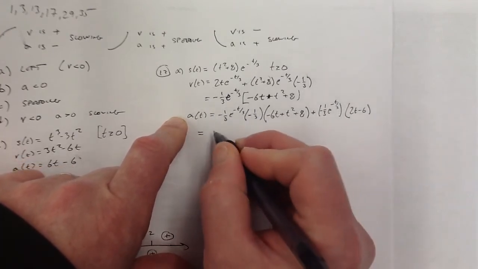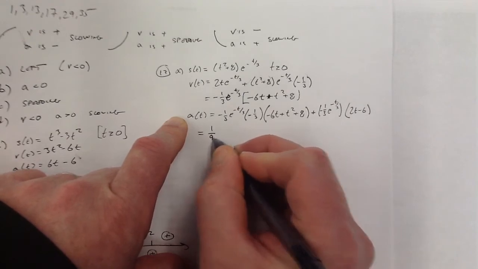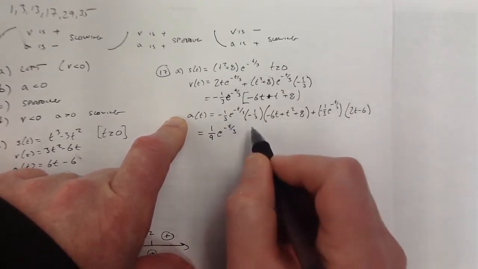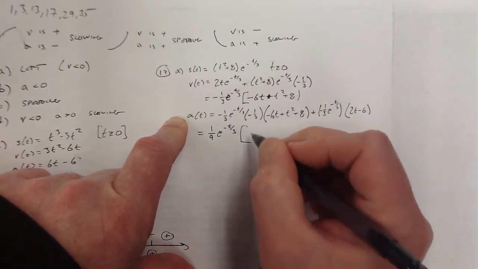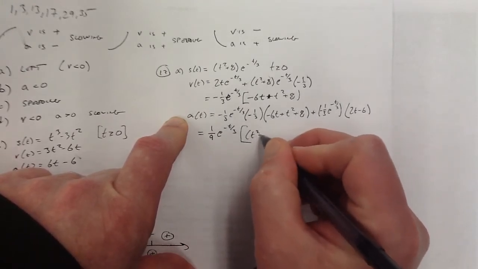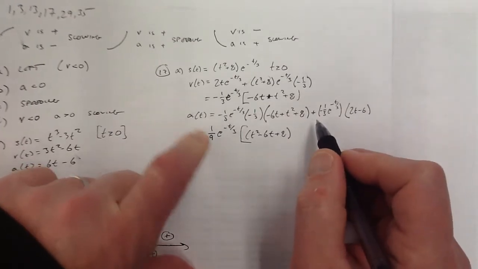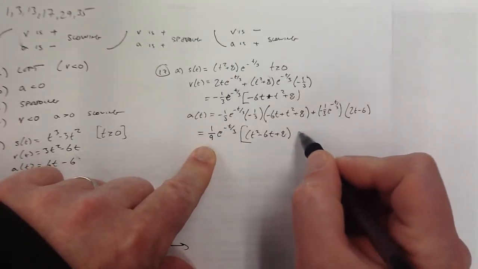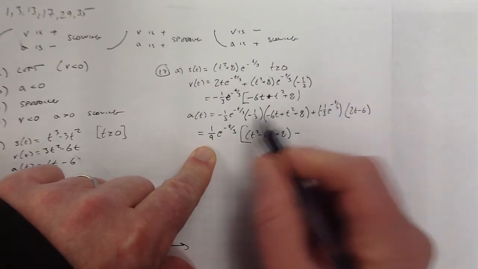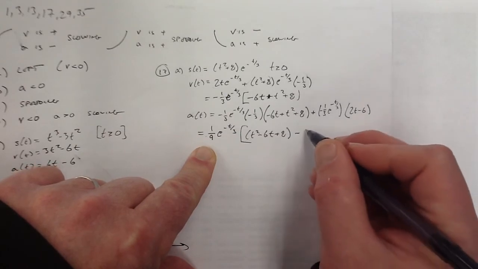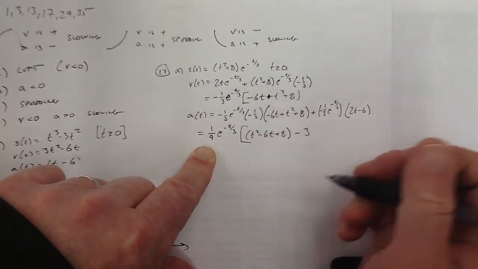So let's factor that out, 1/9 e to the negative t over 3. That will make this just stay the same. And then what would you have to have here so that when you distributed the 1/9 you got negative 1/3? You'd have to have a minus 3 there, right?